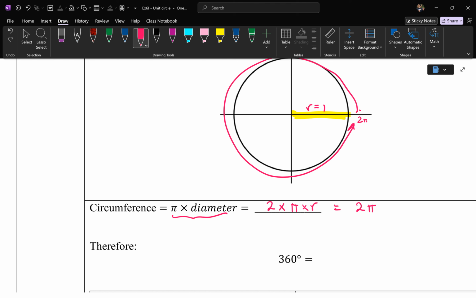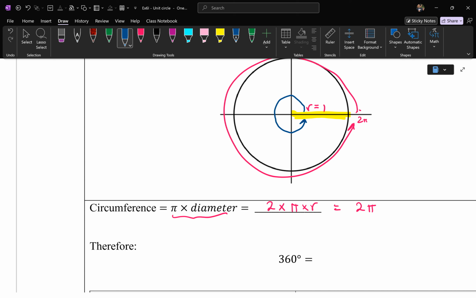Now that could be centimeters, 2 pi centimeters, 2 pi meters, 2 pi kilometers, doesn't matter. But what we also know is that in a circle, in terms of measurement, in terms of angles, to make one full circle, what is the angle equivalent to? 360.